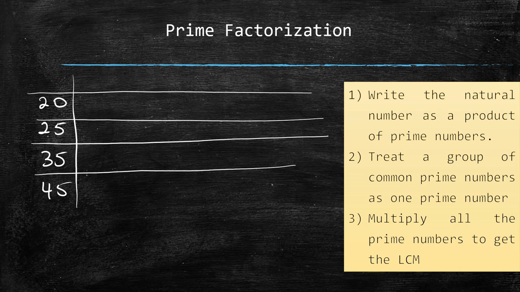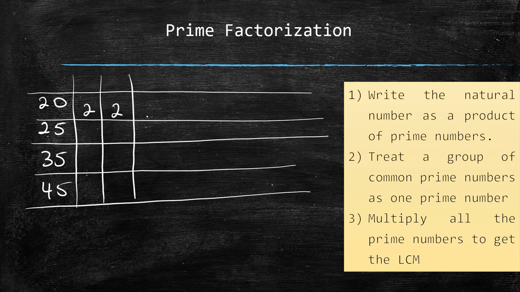I'll show you. So first off, we list the prime factors of 20. We have 2, and then we have 2, and then we have 5. Then I'm going to list the prime factors of 25. We have 5 and we have 5. Then 35, we have 5 and then we have 7.